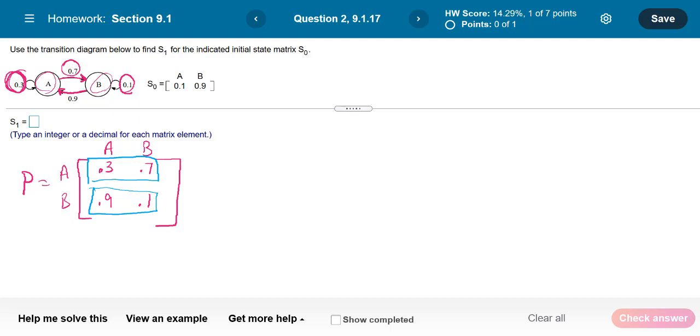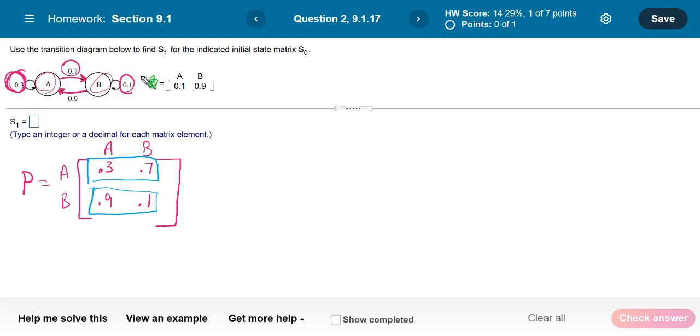So, like with the first problem, we're going to enter these S sub 0 and P into our calculator. I will be calling these, like I did in the first problem, A and B on my calculator. So I'll go ahead and make that note here.